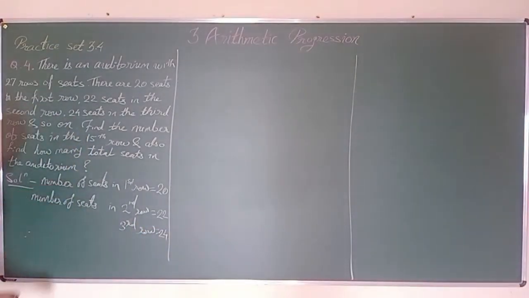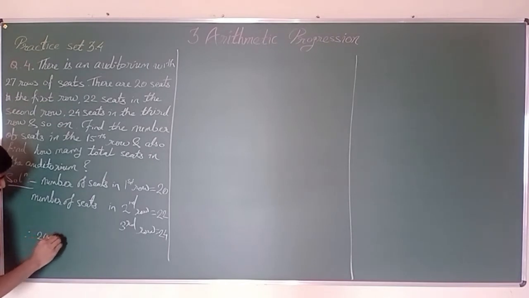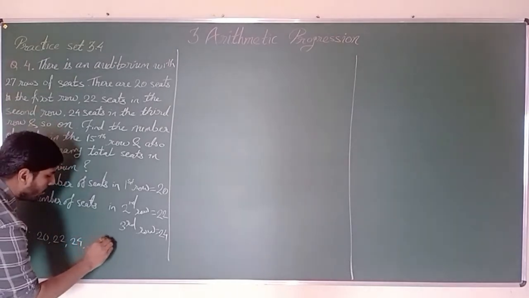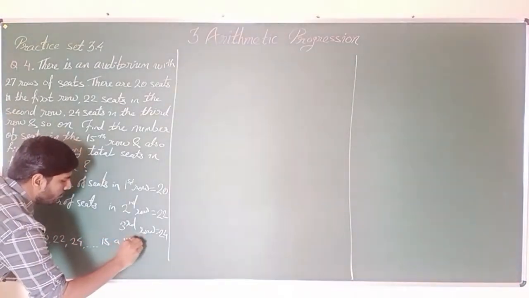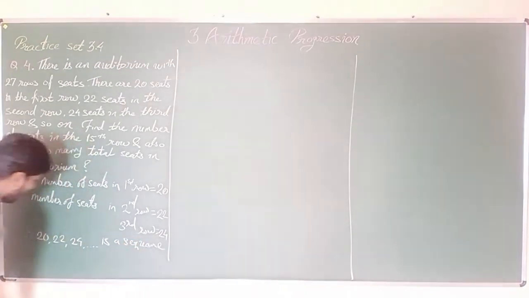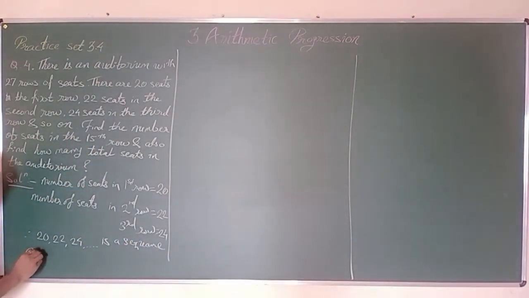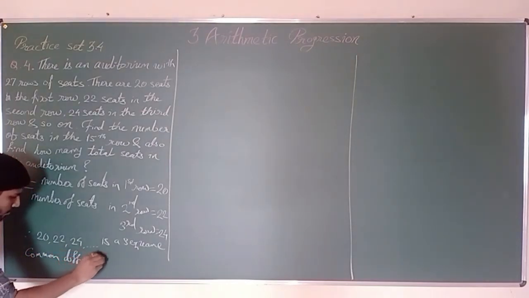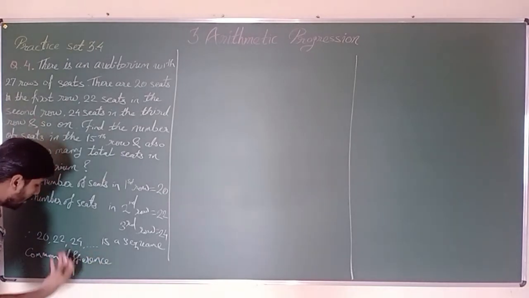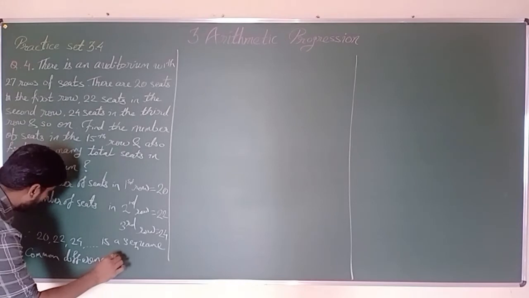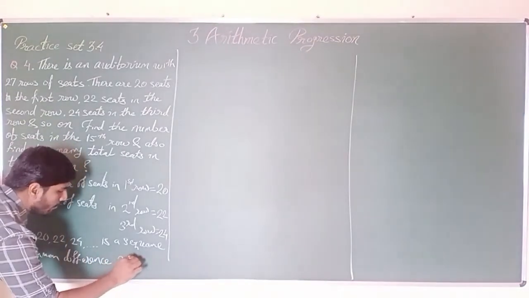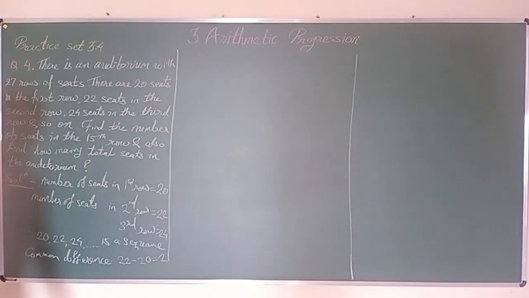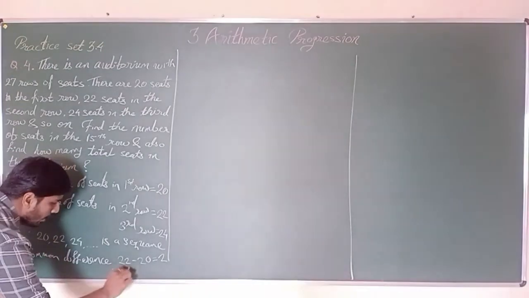Therefore 20, 22, 24 and so on is a sequence. Common difference: here you can take subtraction between any two terms. So we will find subtraction between the second and first term, which is 2, which is constant. Therefore d is 2.